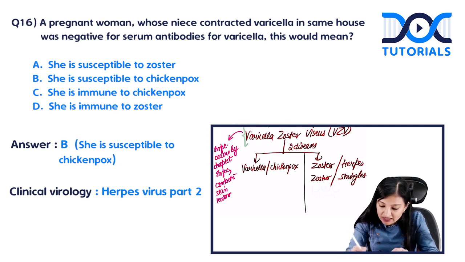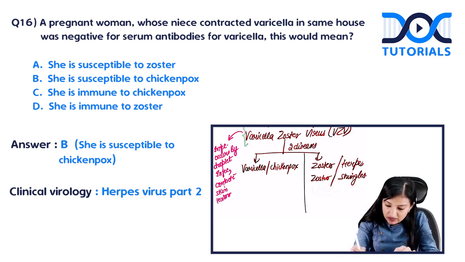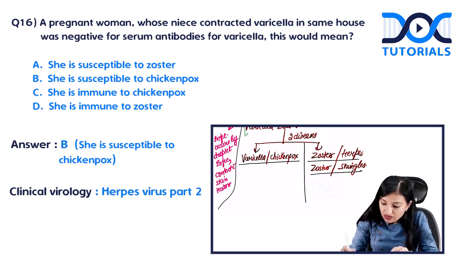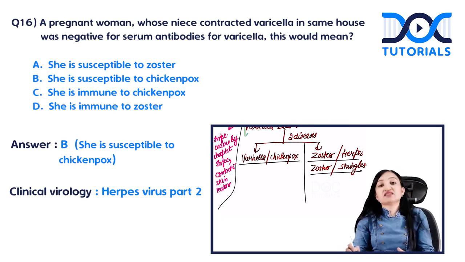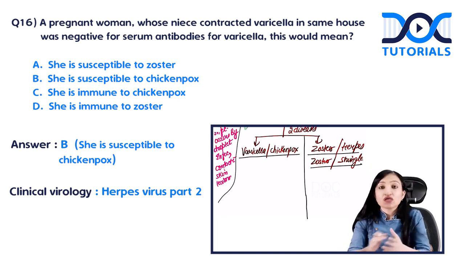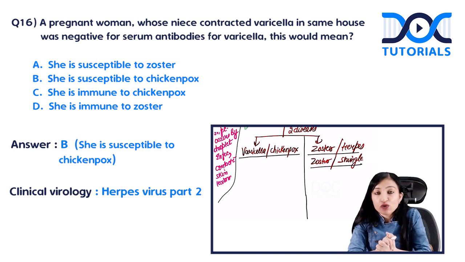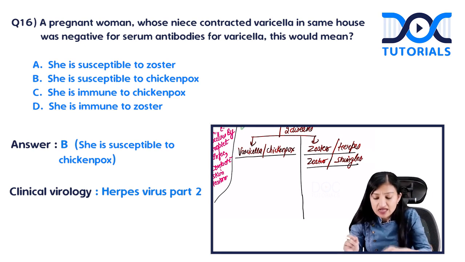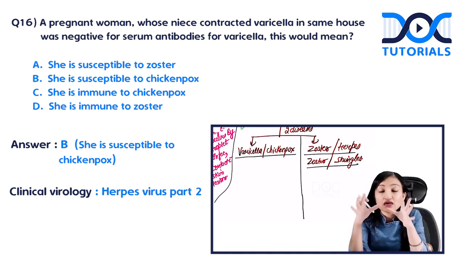Now, guys, as far as these two diseases are concerned, in the very first video on herpes viruses, herpes virus part 1, before I started talking about HSV1 and HSV2, I told about some general facts about herpes viruses. That is, the very first time a herpes virus causes infection, it is called primary infection.